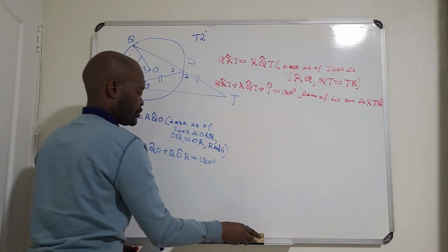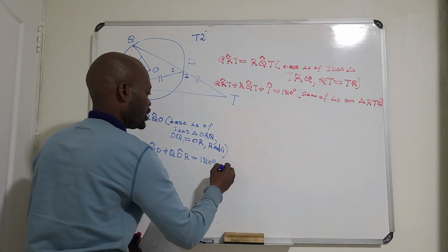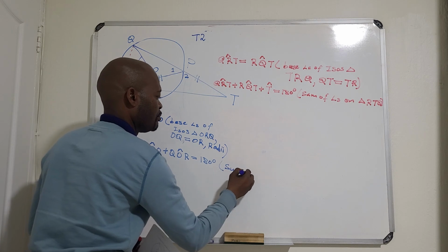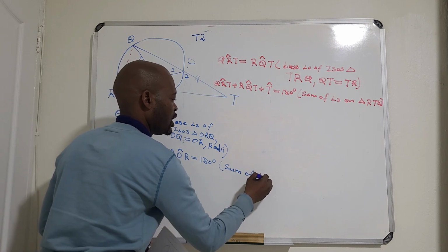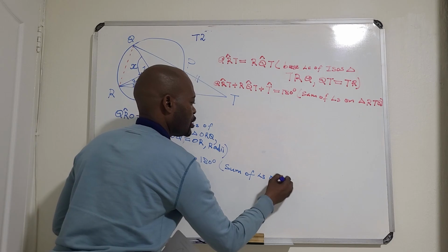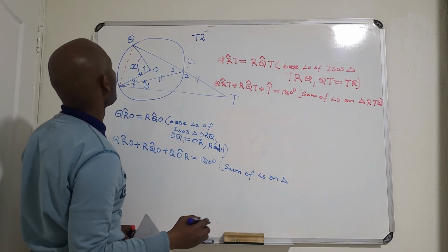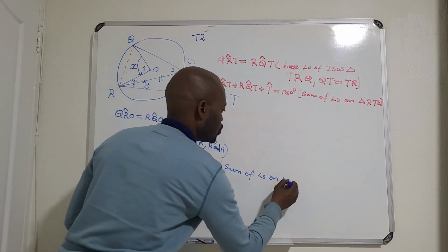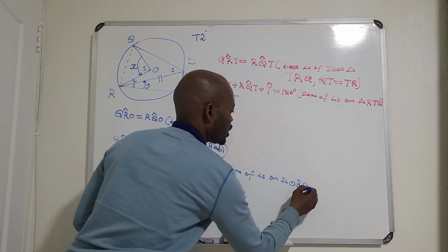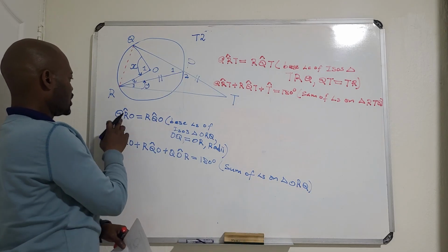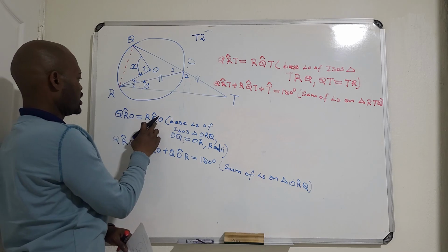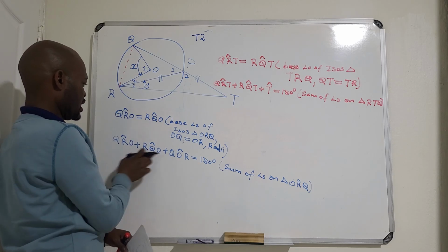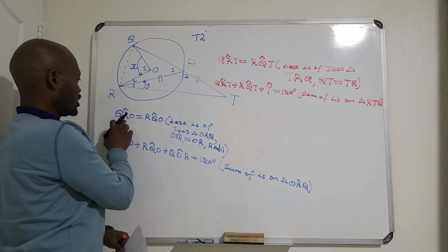We know our reason here, it's sum of angles in triangle ORQ. Now, since this is equal to that, where I see this here, I can put this.